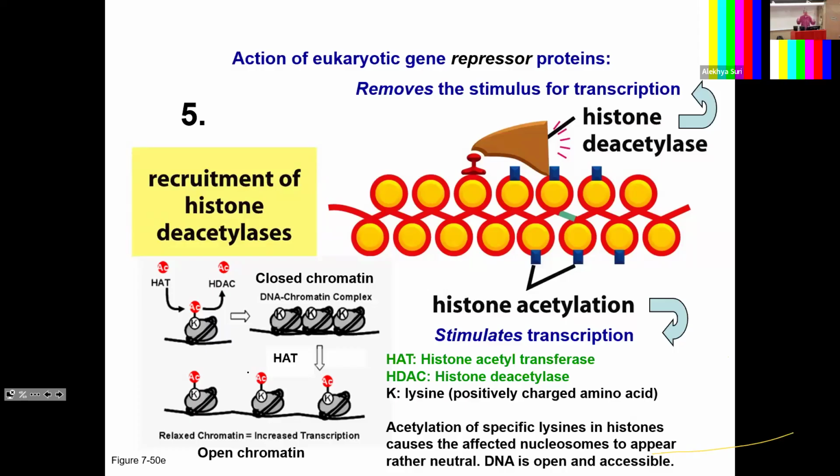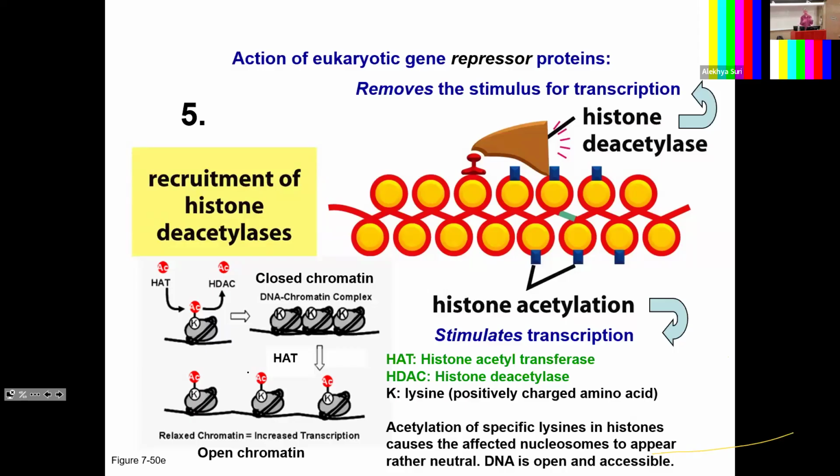Then once it's open and acetyl groups are there, they can be removed. These are deacetylases. They will remove the acetyl groups, making the chromatin more compact, like it was before, with the lysines positively charged interacting with the negatively charged DNA.